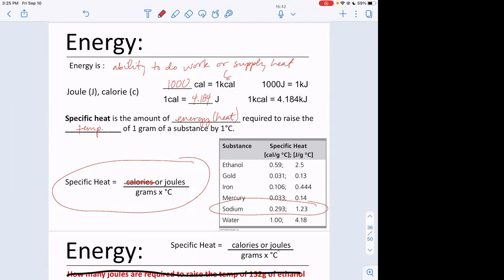You better have that memorized for the exam. So you just convert those joules to calories, no big deal, and plug in those units of calories. It has to match. There used to be a saying like the shoes have to match the dress, right? So you got to make sure the joules in whatever the energy term is in the problem match the units on specific heat and vice versa.